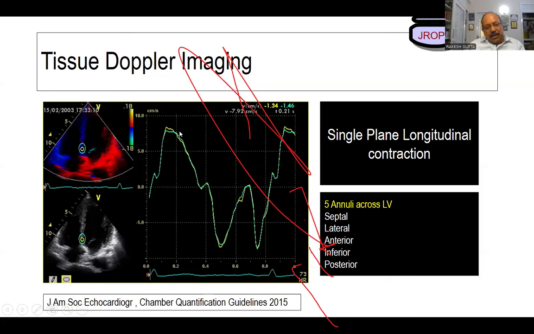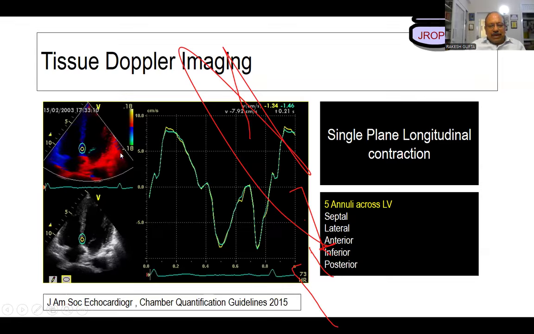So this is the systolic wave, this is the early diastolic wave, this is the late diastolic wave. The only positive point is we are getting isovolumic contraction time over here and isovolumic relaxation time.